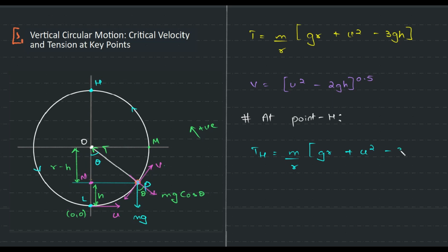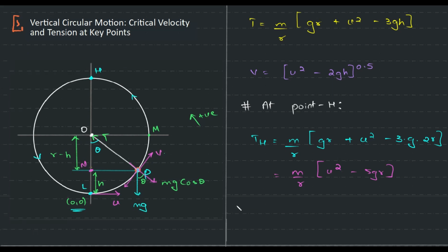Minus 2, sorry, not 2, 3 into g into h will change. If this is 0, how far away is this? This is the diameter. Why am I talking to you guys as if you are in 6th grade? You guys are not in 6th grade. So this is 2r because it's the diameter. So m by r, and this will reduce to 5 u square minus 5 gr. So that will be the tension at point h.